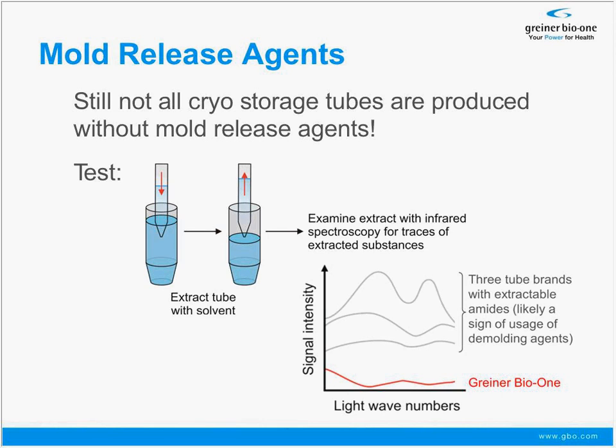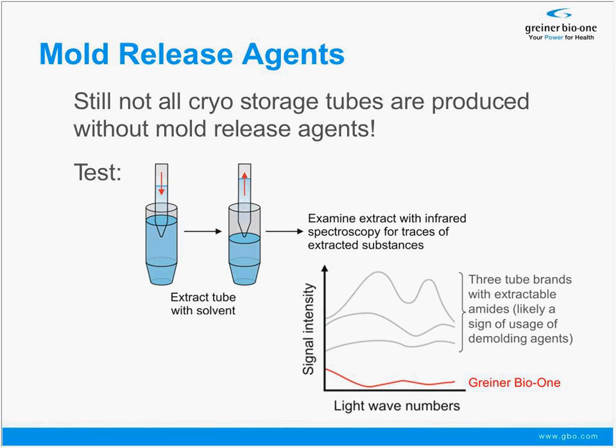The actual substance can vary, and there are a lot of mold release agents available today. So we went a little bit along the indirect way. We said amide is the chemical substance class in which you find most of these mold release agents. In other words, most mold release agents are amides.